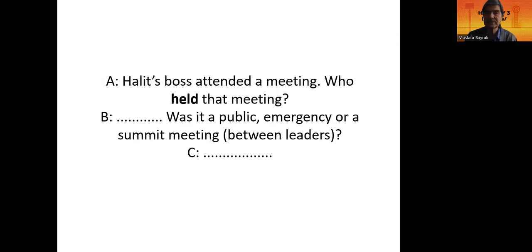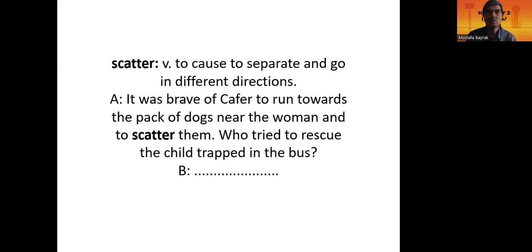It was a public meeting. It wasn't an emergency meeting, or a summit meeting between leaders. So a summit meeting is a meeting between leaders of groups of companies, etc.